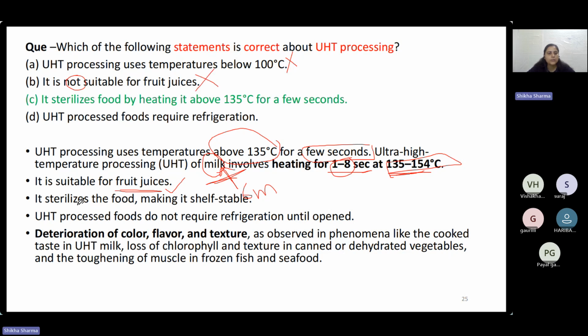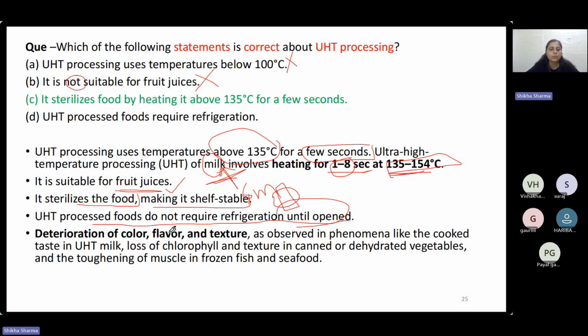Then in UHT processed food, it sterilizes food, making it shelf stable. Yes, this is correct, that it makes the food product suitable for storing at ambient conditions, as we see in UHT process Tetra Pak packaging of milk products. Next, UHT processed foods do not require refrigeration until opened. Until it is opened, it will be good.